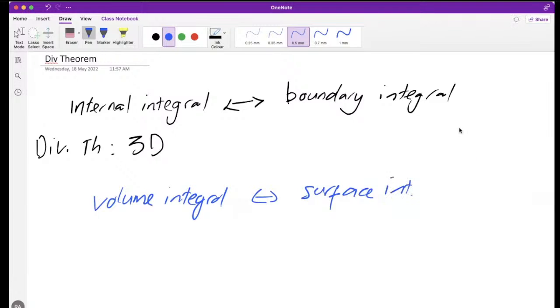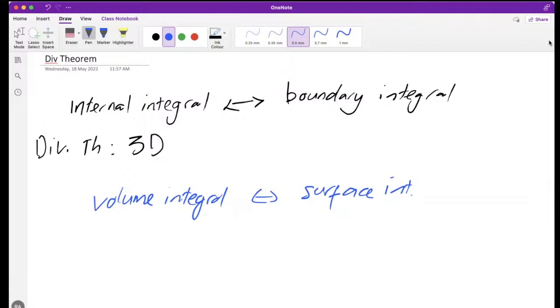So this is the gist of the divergence theorem that I want everybody to see. This is the big picture view of this mathematical relationship.